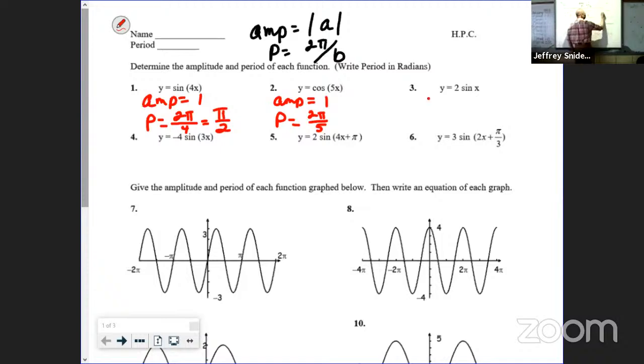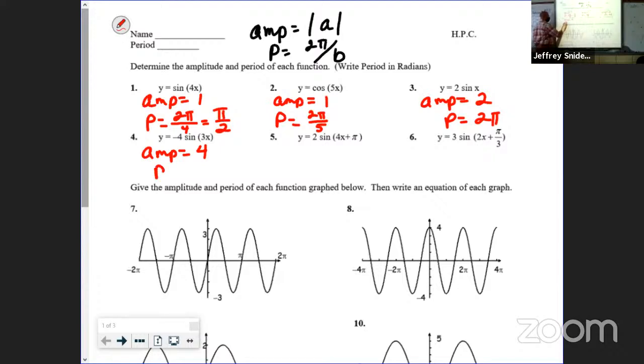Number 3, amplitude is 2. Here the period is 2 pi over 1, so it's just 2 pi. Number 4, the amplitude is 4. Not negative 4, it's positive 4. It's distance. And then the period is 2 pi over 3. Can't simplify it, leave it. Do not turn it into a decimal. Leave it as a fraction.